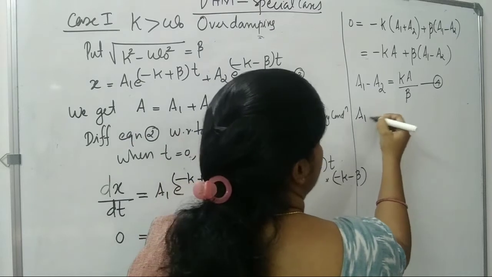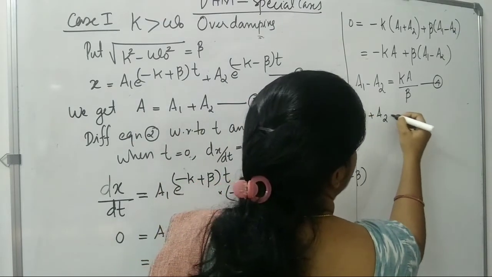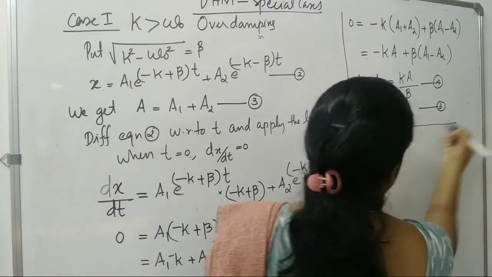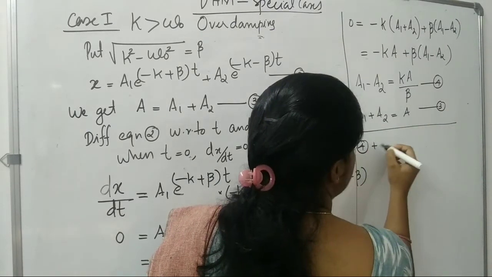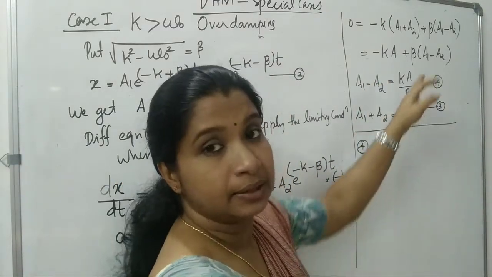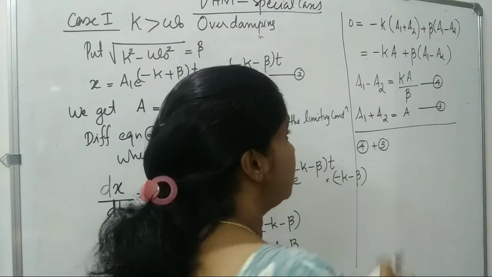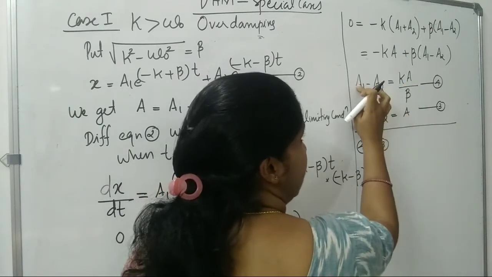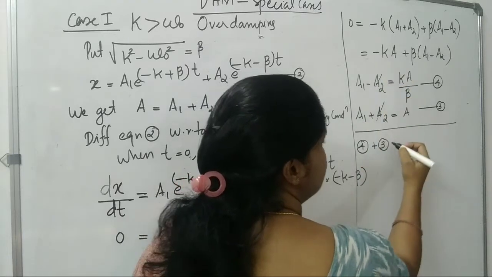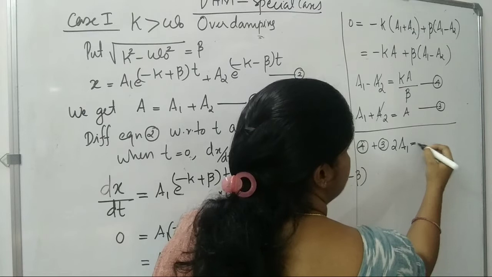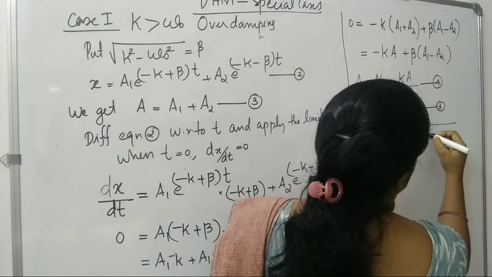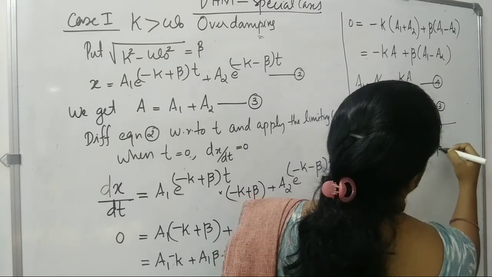Equation number 3 is a1 plus a2 is equal to a. By adding these two equations, 4 plus 3, while adding two equations, add LHS separately, then add RHS. So adding, a1 minus a2 plus a1 plus a2, the a2 cancels. We get 2a1 equal to ka by beta plus a.